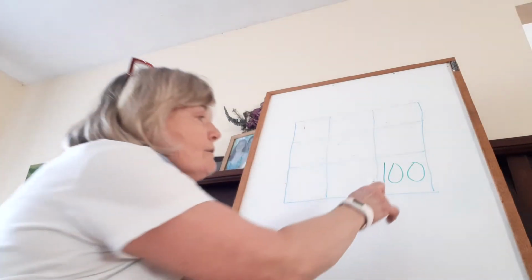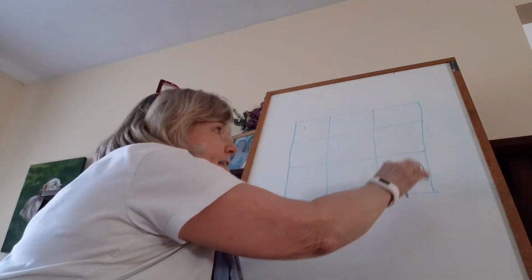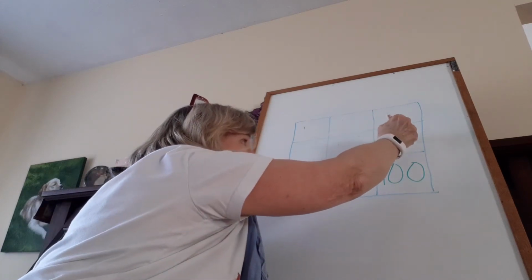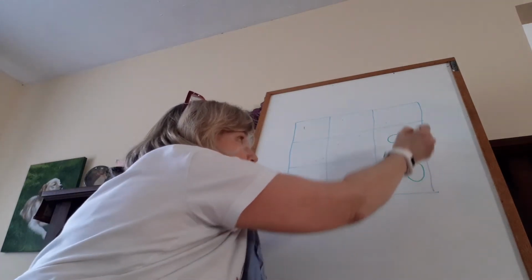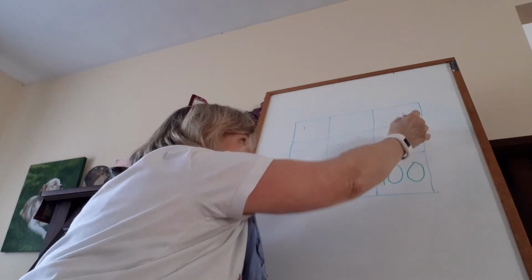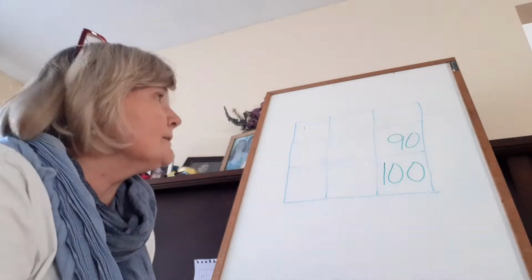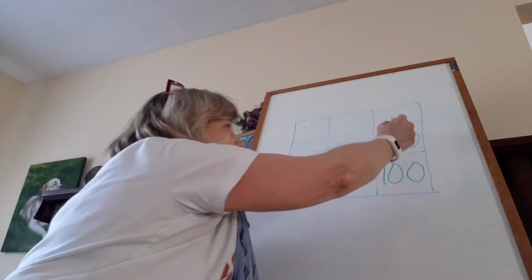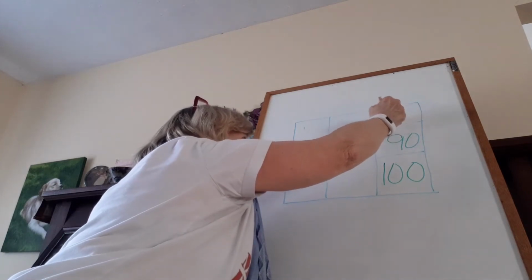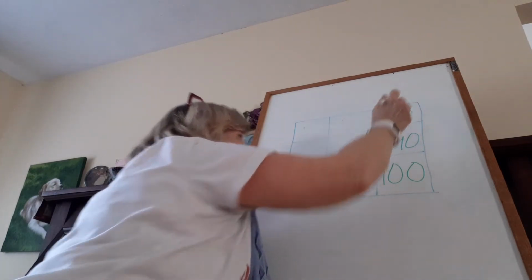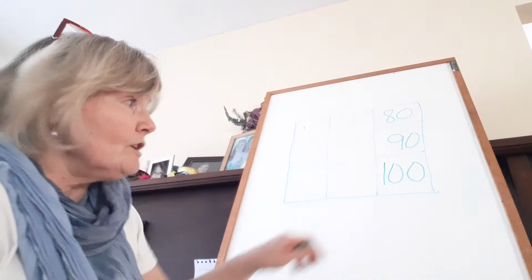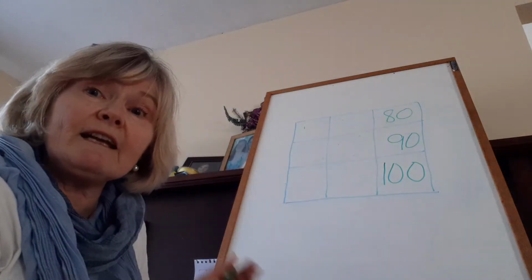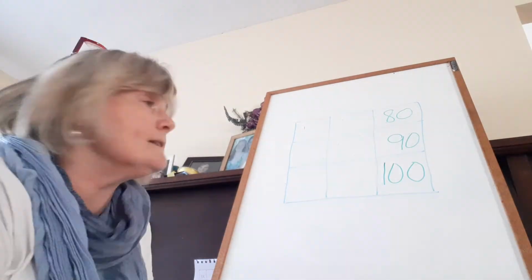Well, I know that a group of 10 less than 10 would be 9 tens. All the ones place numbers are going to be 0. So I've got a 90 there. 1 less than 90, 1 less than 9 is 8. And then I've still got a 0 in the ones place. So just knowing that there's a 100 here, I can figure out those other two numbers.